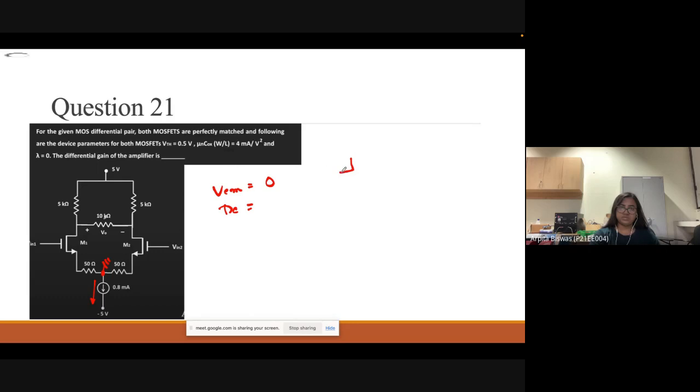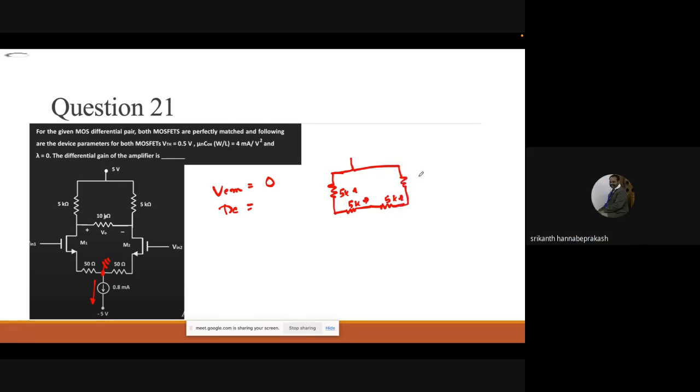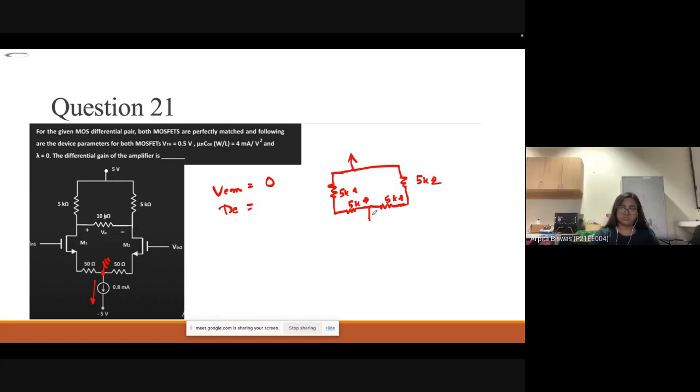If the DC voltage is applied, only the 5 kilo ohm is there here, and there is also a 5 kilo ohm, in series.